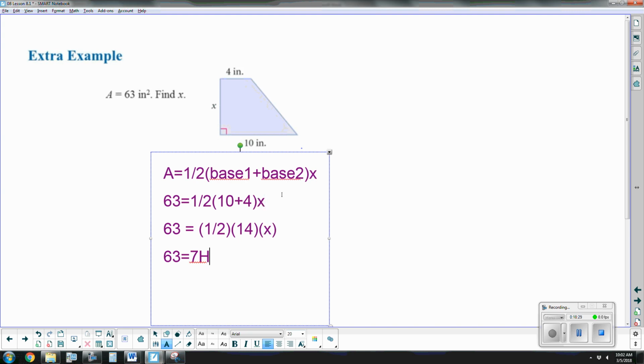So if we divide 63 by 7, we get 9. That equals x. And anytime you're finding sides or area or anything and you're given any units as measurement, you want to include those units in your final answer. So x is 9 inches.